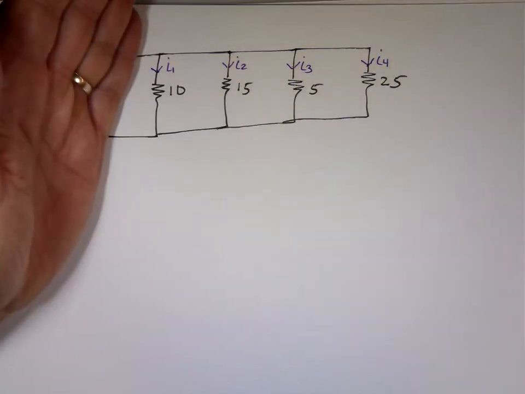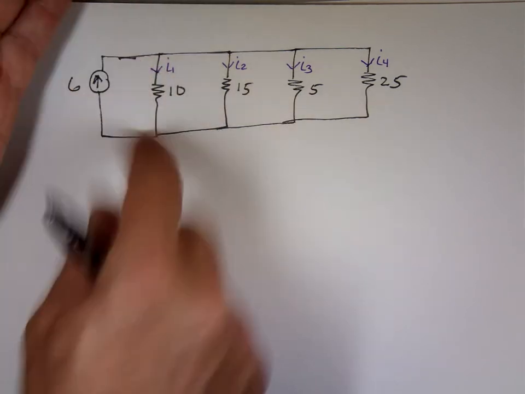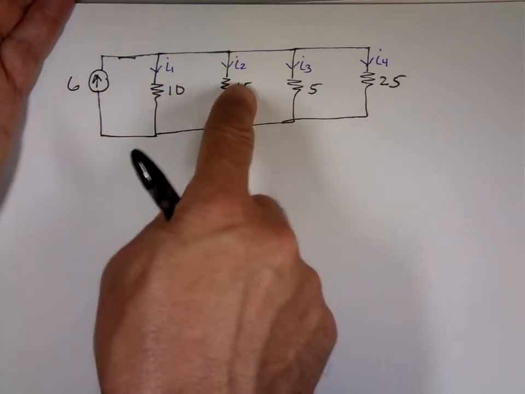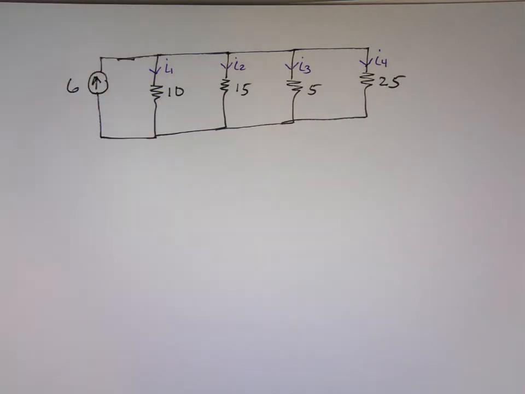Once I know the current, I can find the voltage. If I know the voltage, I know the current through each one of them: the voltage divided by 10, the voltage divided by 15, the voltage divided by 5, the voltage divided by 25. Fine, there's nothing wrong with that approach. But I want to practice current division. So how would I do this with current division? I'll simplify it.